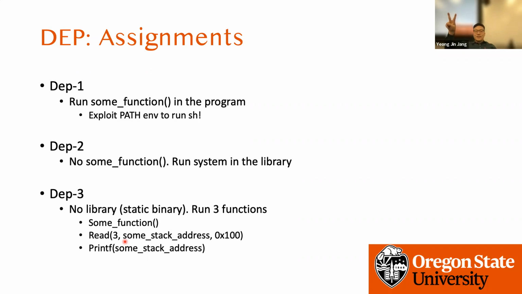The reason I explain this is that the first file you open will always have file descriptor number 3. So with some function, you can open the flag file. You don't have to worry about the file descriptor for the flag file because that will always be 3.